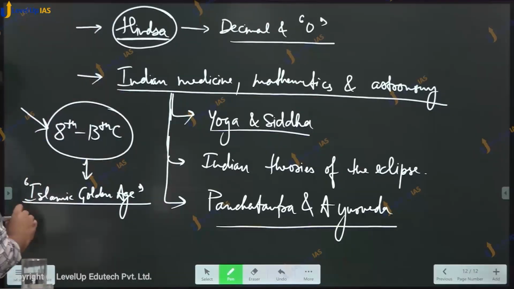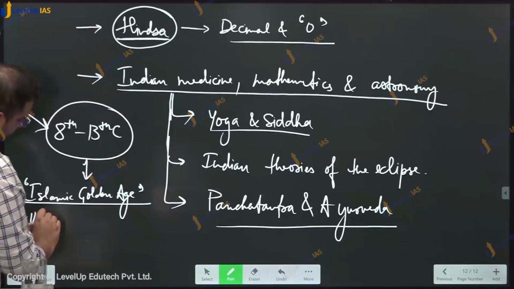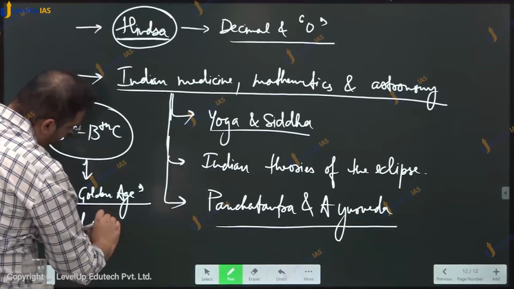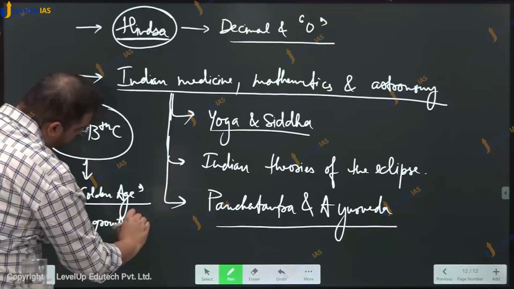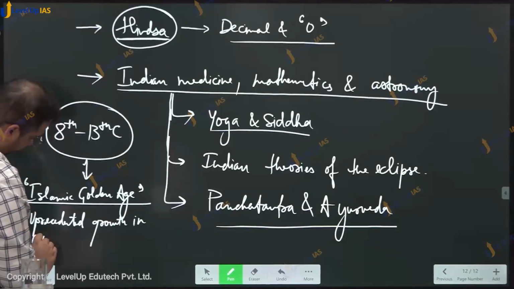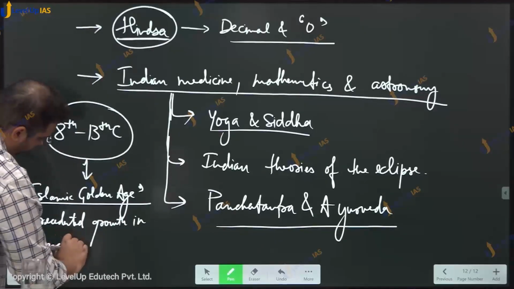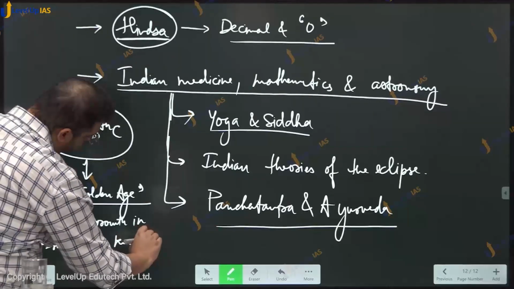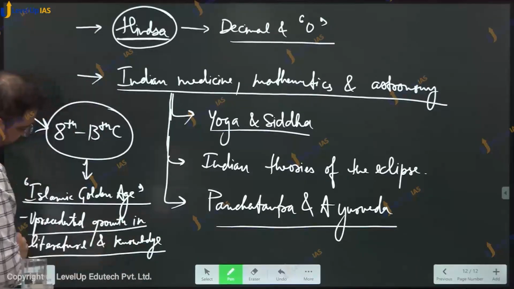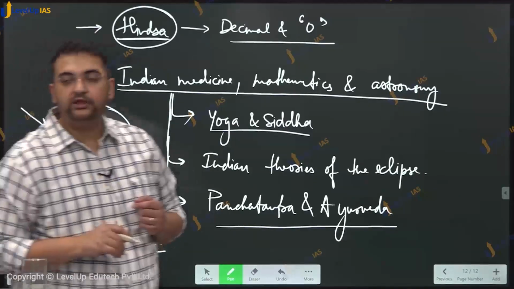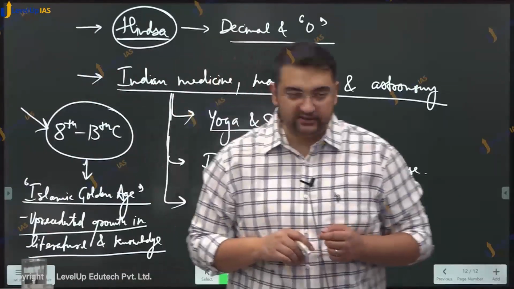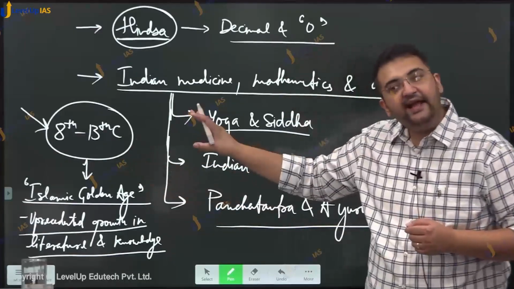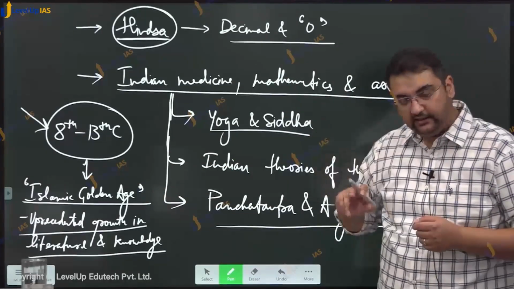This was a period of unprecedented growth in literature and knowledge in various fields ranging from philosophy to the material sciences to economics etc. ठीक है, तो कई सारे fields में इन्होंने excellence हासिल किया, right?